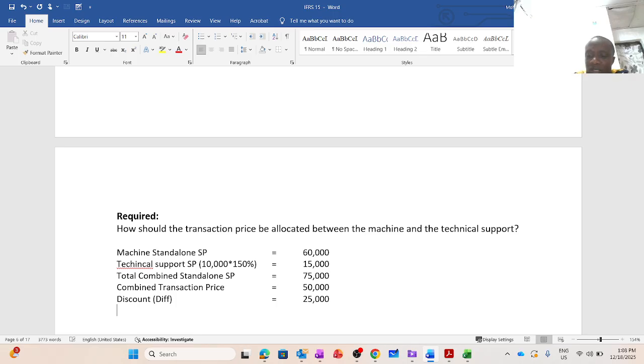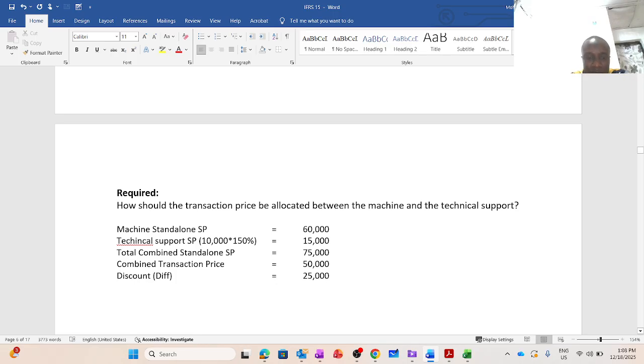So now we need to allocate the transaction price to various performance obligations. To the machine, for instance. So we are going to allocate based on the stand-alone selling price, right? We are going to allocate the transaction price based on the proportion of the stand-alone selling price.